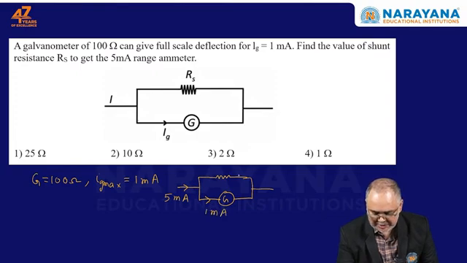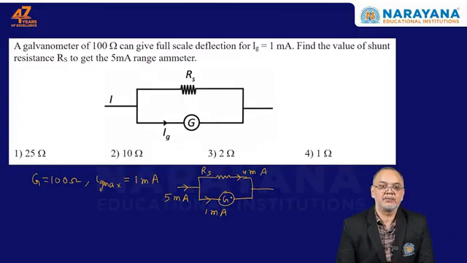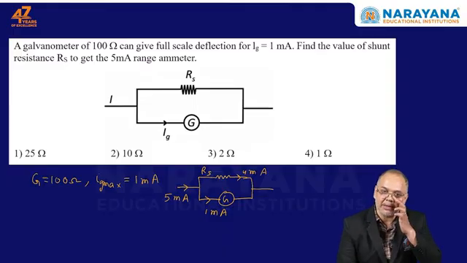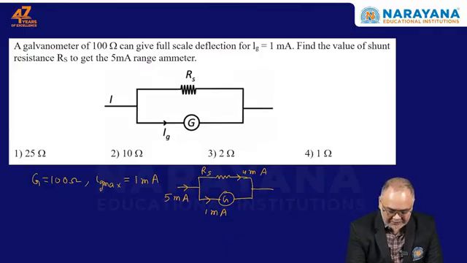So the current which is flowing through the shunt resistance Rs is how much? 4 milliampere. So here we can say that the resistance Rs and galvanometer resistance are in parallel, so across them the potential difference will be the same. So we can equate the potential difference across the two.